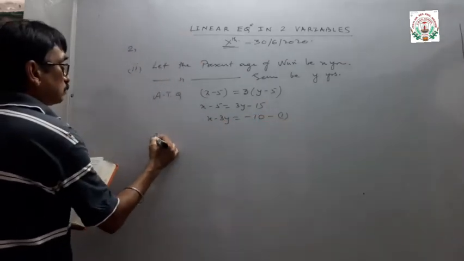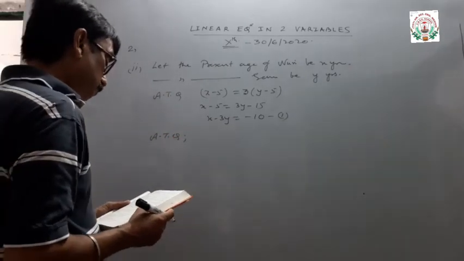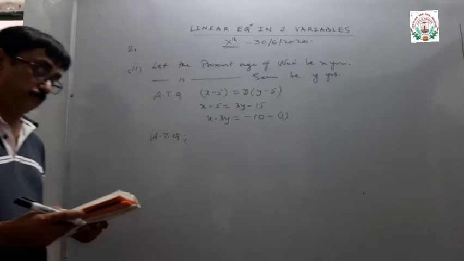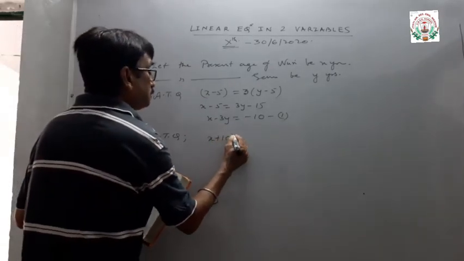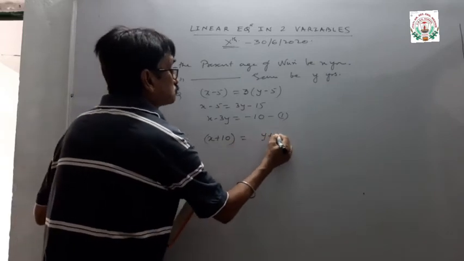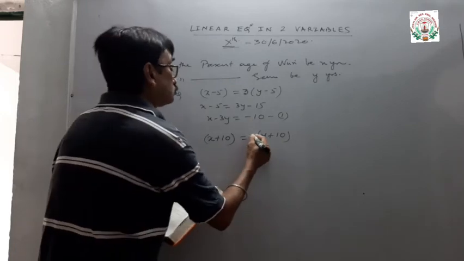Now again according to the question, the second condition is given that 10 years later, Nouri will be twice as old as Sonu. So 10 years later means x plus 10 equals y plus 10, and it is twice, so 2 times.